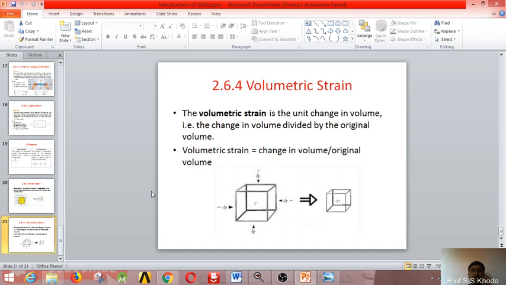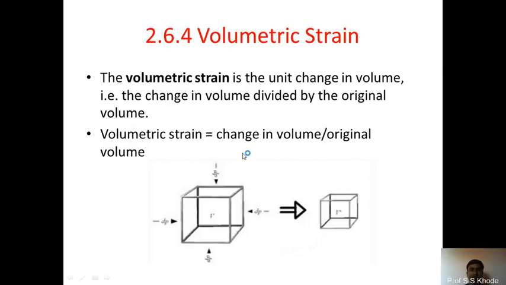Let's see the next concept, that is volumetric strain. The volumetric strain is the unit change in volume per unit volume, that is, change in volume divided by its original volume. It is very simple and defined as the change in volume per unit volume. This is a very important concept when we go through the uniaxial stress system and biaxial stress system.